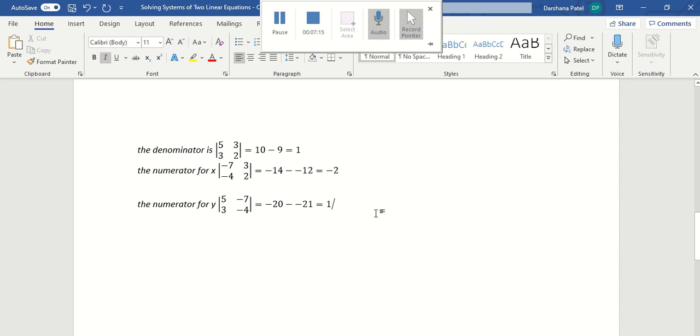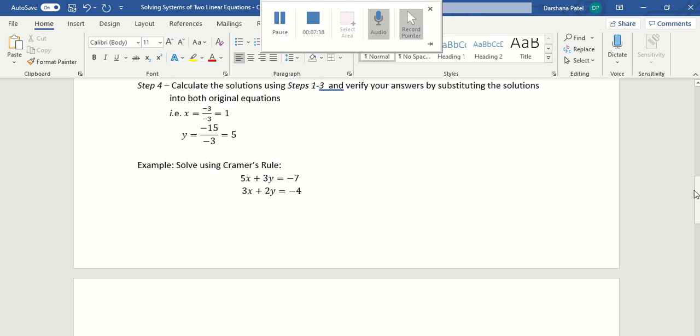So the solution is x equals negative 2 divided by 1, which is negative 2, and y equals 1 divided by 1, which is positive 1. The solution to this system is negative 2, comma 1. Now let's put negative 2 and 1 in the original equations.